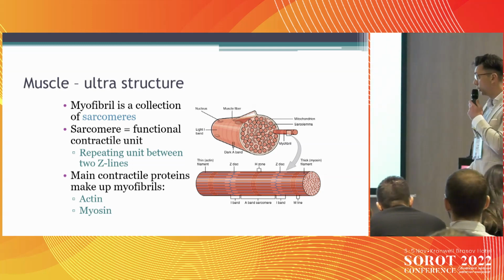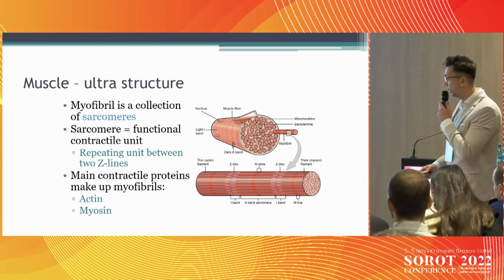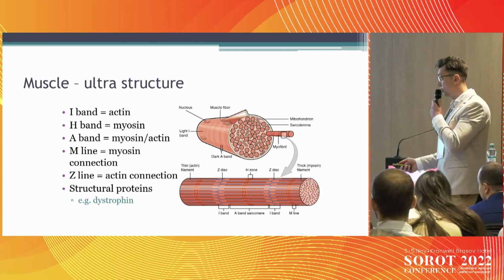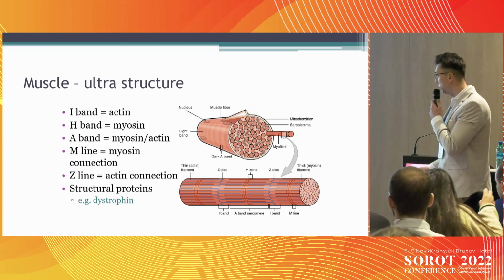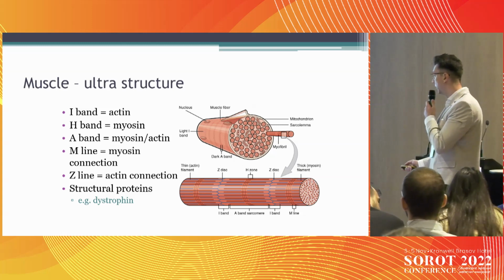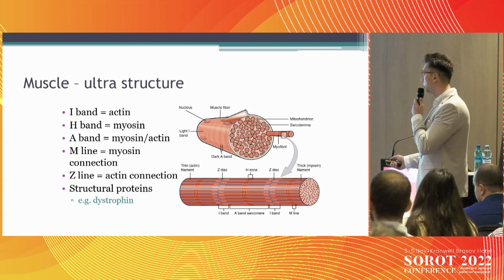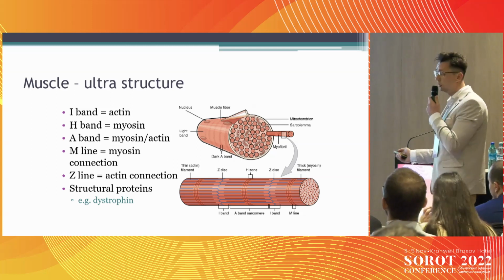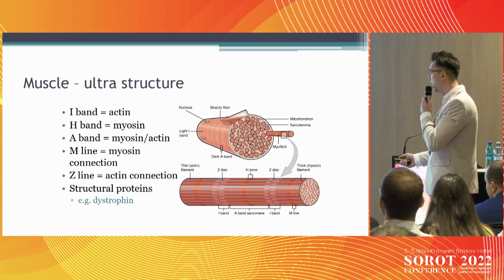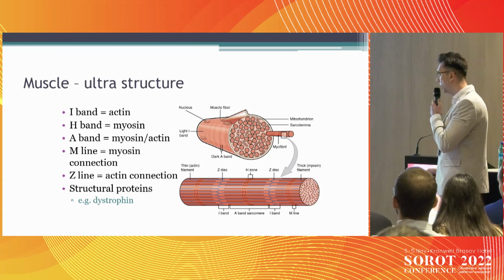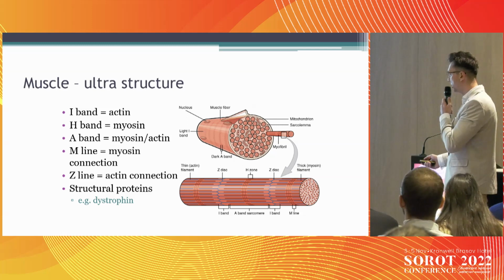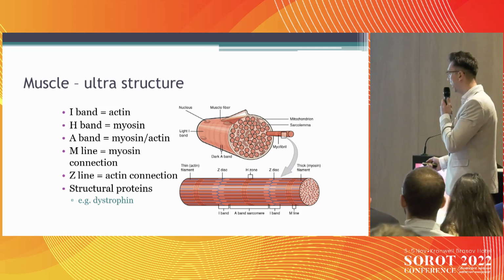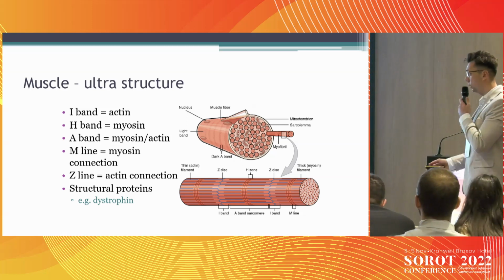The main contractile proteins which make up the myofibers are actin and myosin. The sarcomere is built by the I-band. The I-band contains the Z-line, which is the terminus of the sarcomere and connects the sarcomeres with each other. The A-band contains the H-zone, which is the center of the sarcomere, and the M-line, which connects the myosin with each other.